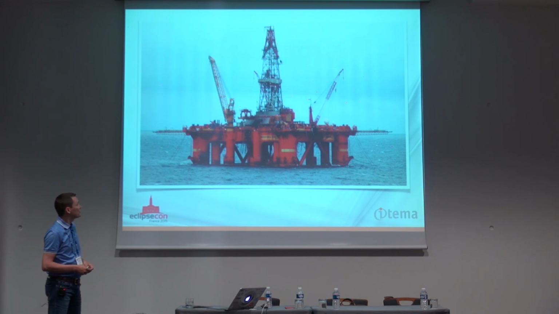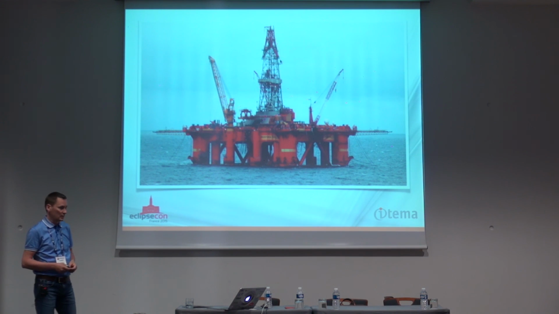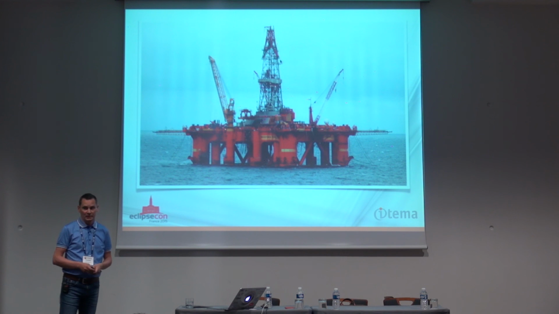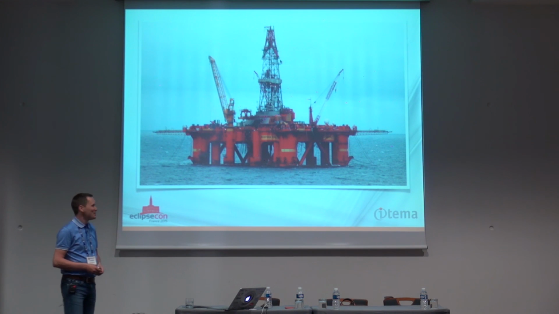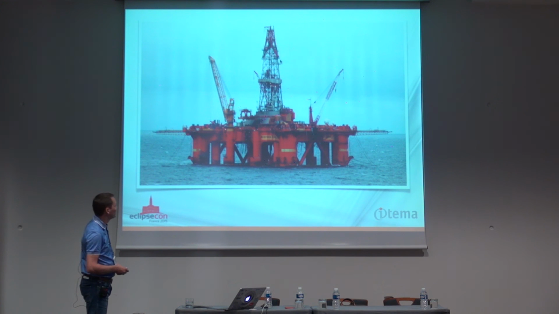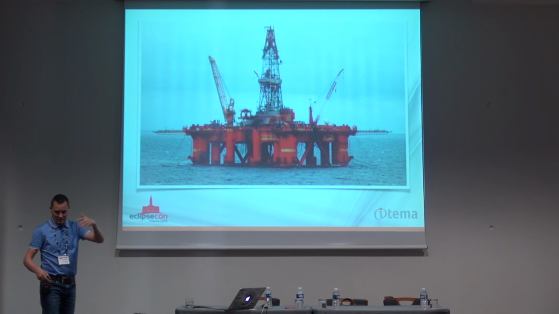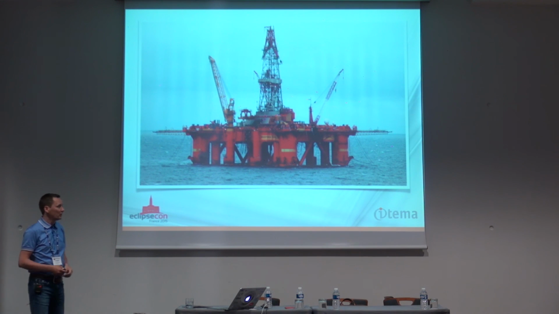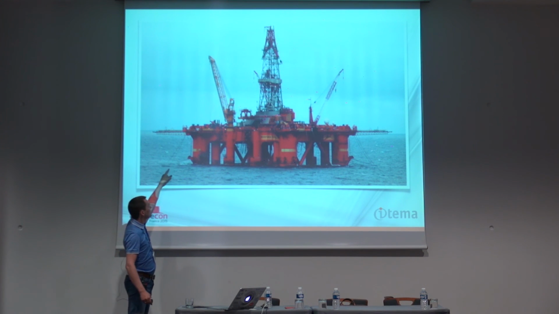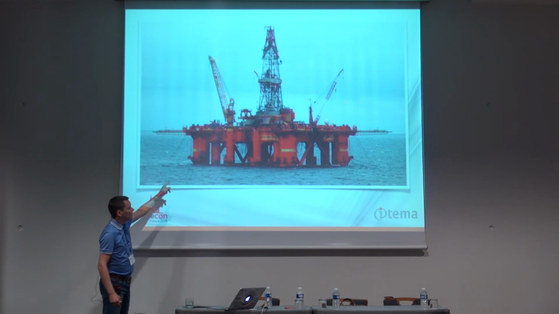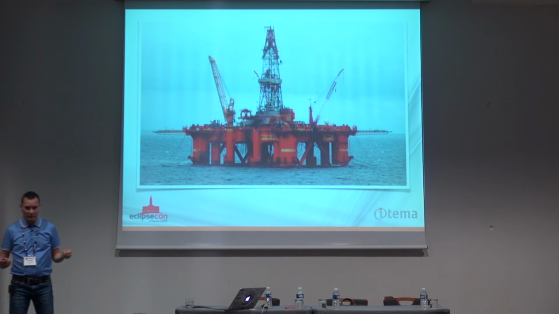This is an example of the case that I'm showing. This is a semi-sub. It's a semi-submersible oil rig. It's a lot taller than you can see in the picture, but they fill ballast water in the tanks, so it's floating quite heavily in the water. And these are anchor chains. What you typically want to do is to check that those are not stretched too far, or they will break.